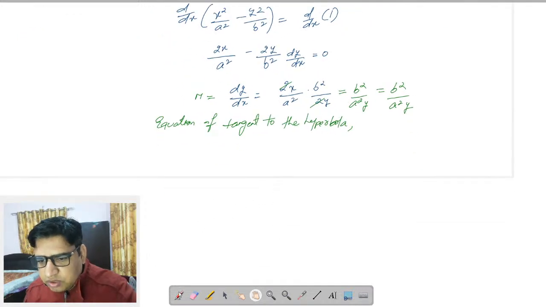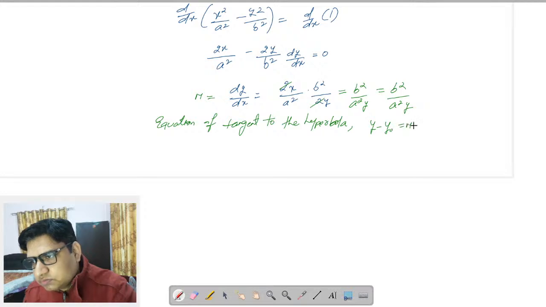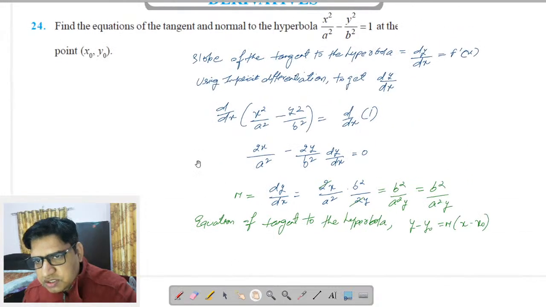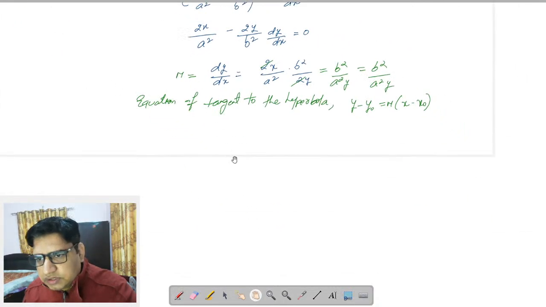The equation of the tangent to the hyperbola, as we know, is y minus y naught equal to m times x minus x naught. As the point is known to us, this is x naught and y naught only. We substitute the value: y minus y naught is equal to b square x naught upon a square y naught, times x minus x naught.